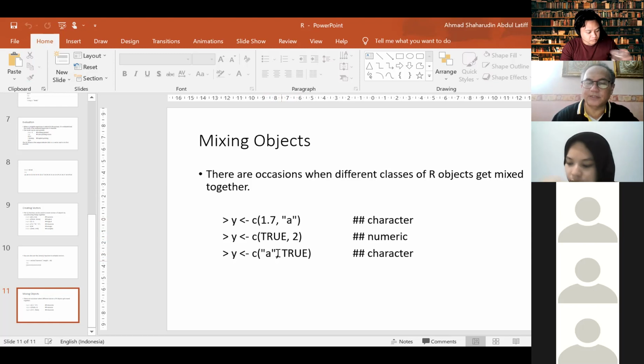And then A is a character, so when there is TRUE, they assume it is a character, "TRUE", instead of logical. This is determined by the R program.